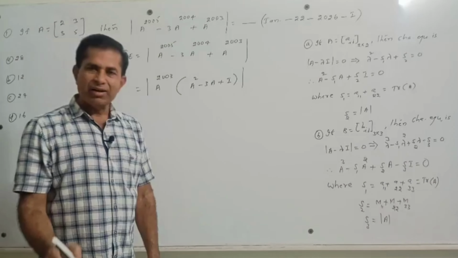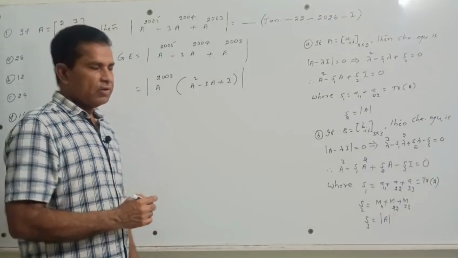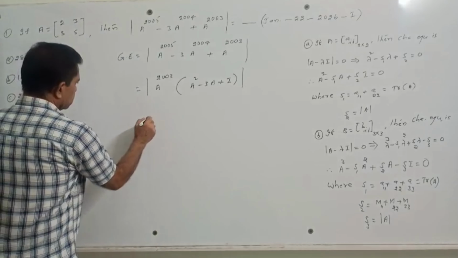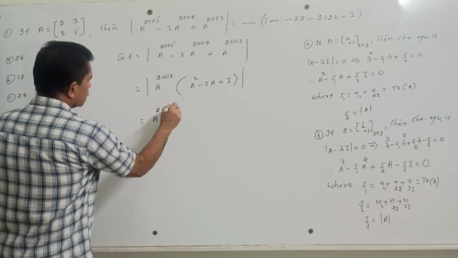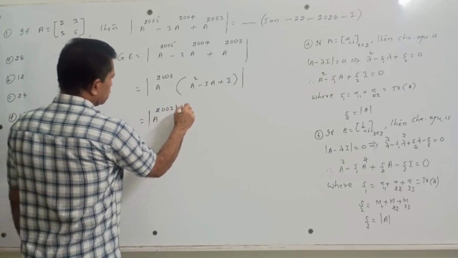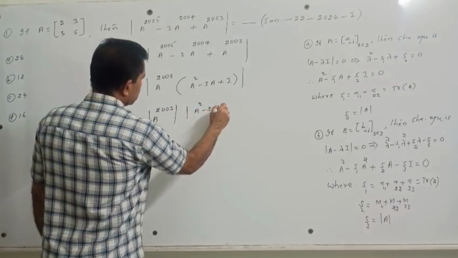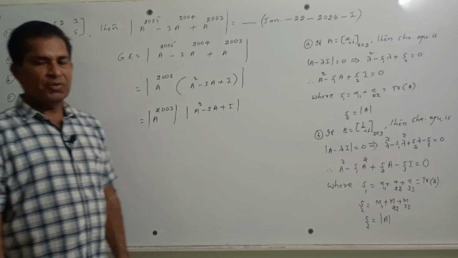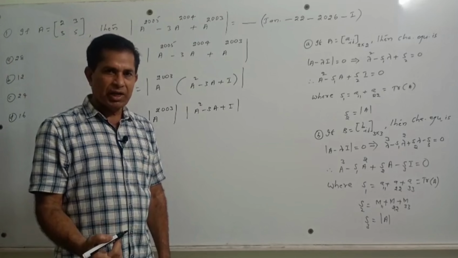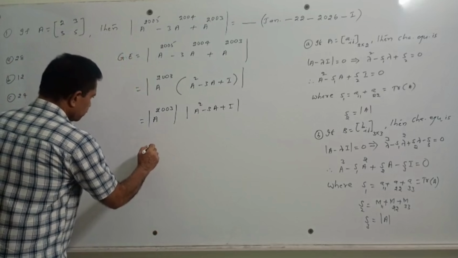We know determinant of AB is equal to determinant of A into determinant of B. This can be written as determinant of A to the power of 2003 into determinant of A square minus 3A plus I. Also we know determinant of A power m is equal to determinant of A whole power m.